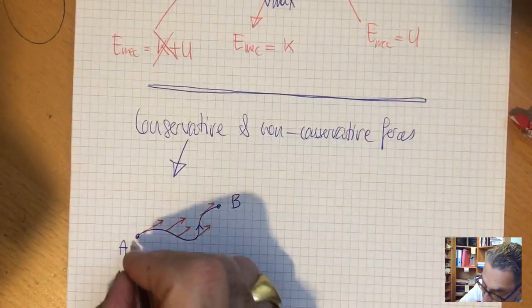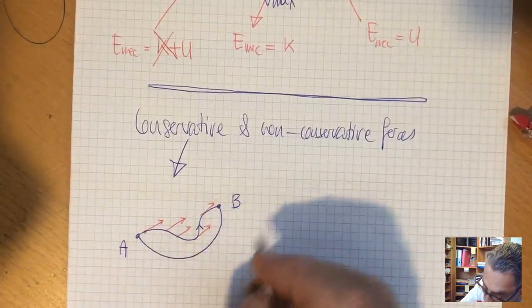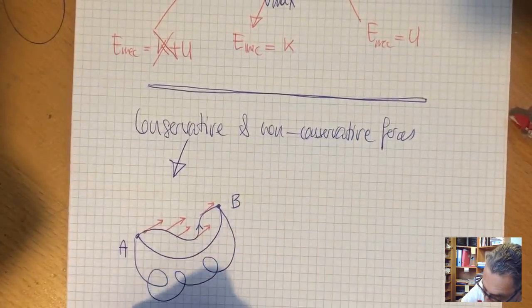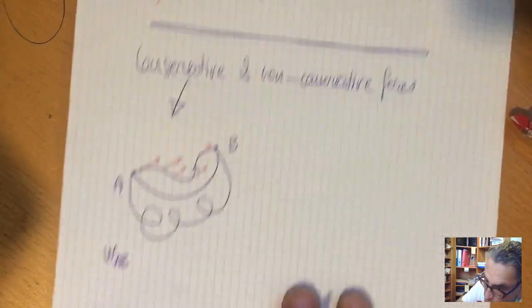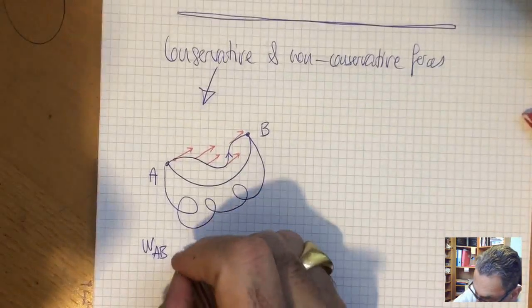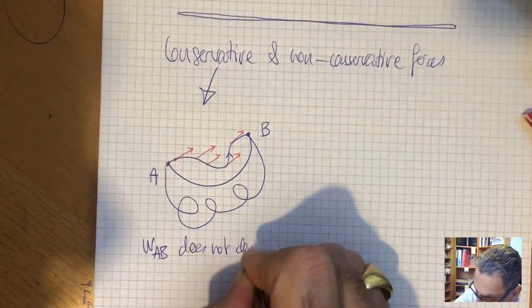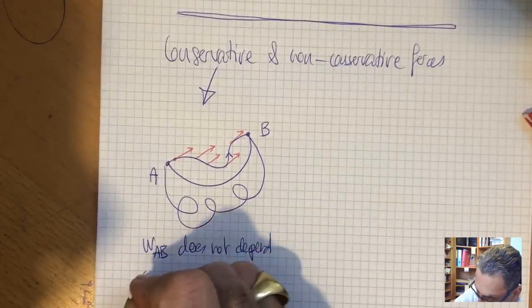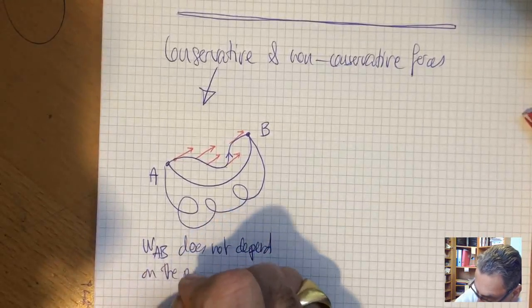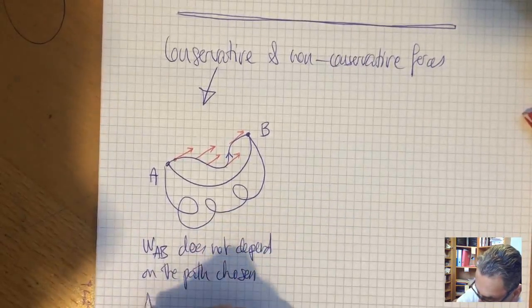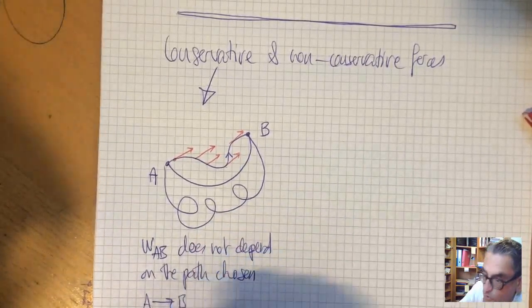Well, what happens when you have a conservative field is that the work for going from A to B does not depend on the path chosen for going from point A to point B.